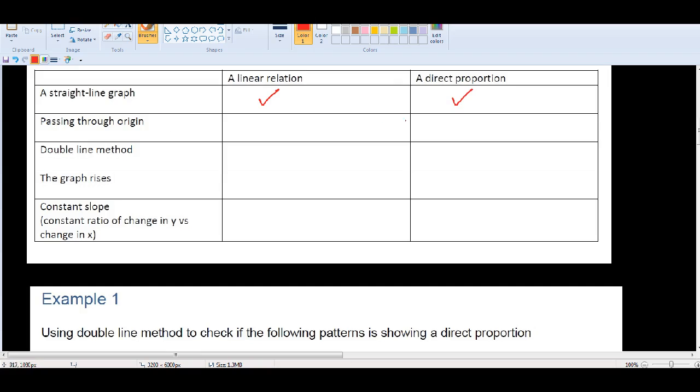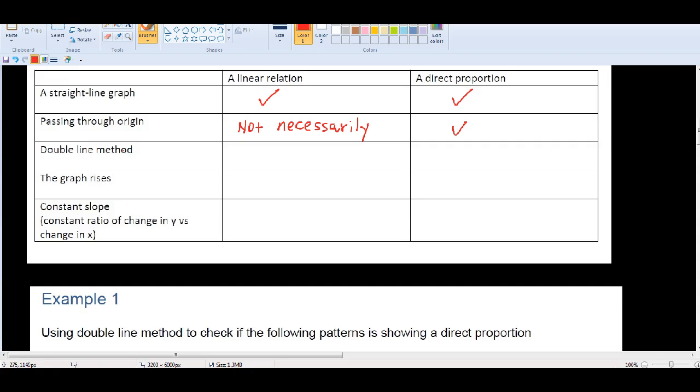Yes. Must a linear relation pass through the origin? Not necessarily. It might, but not necessarily. A direct proportion must pass through the origin.